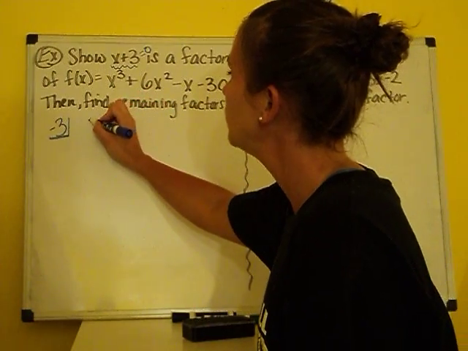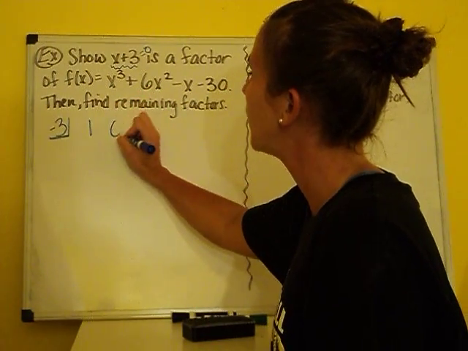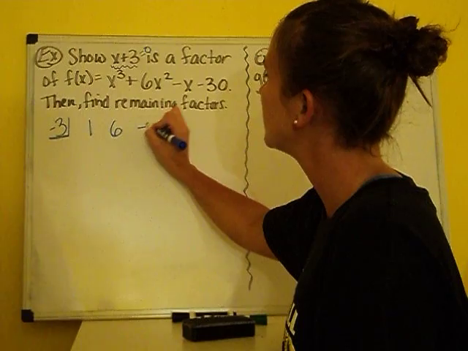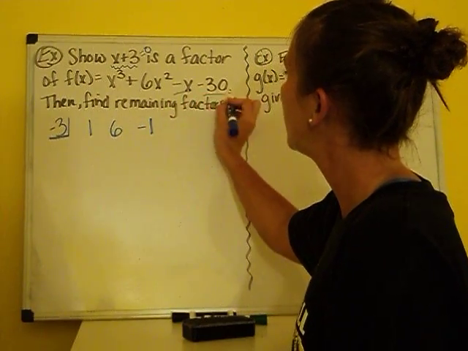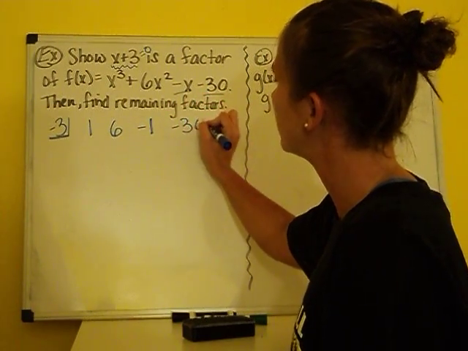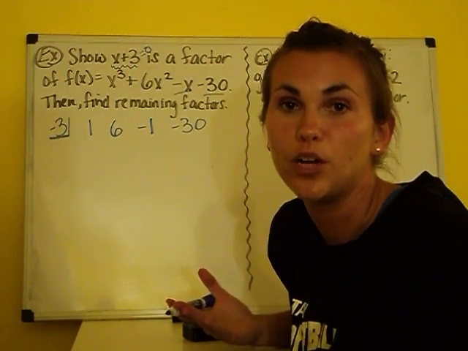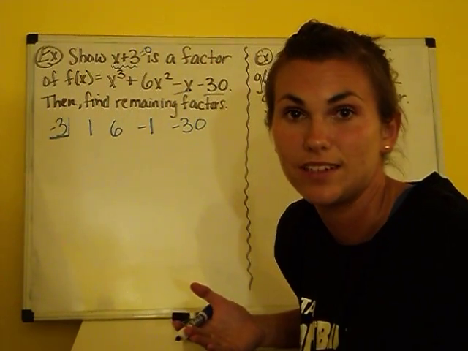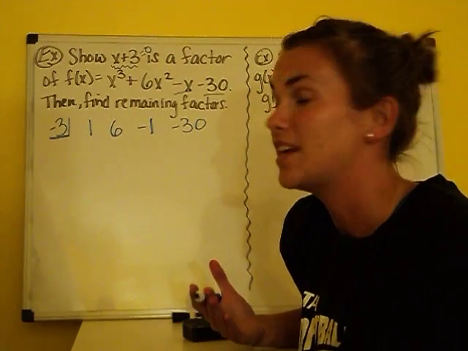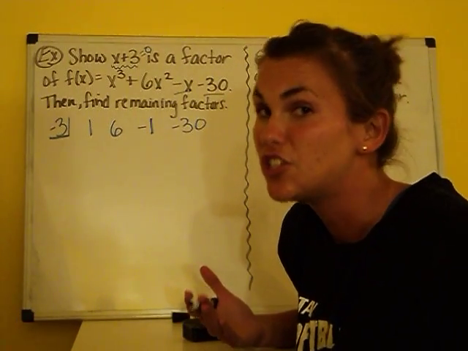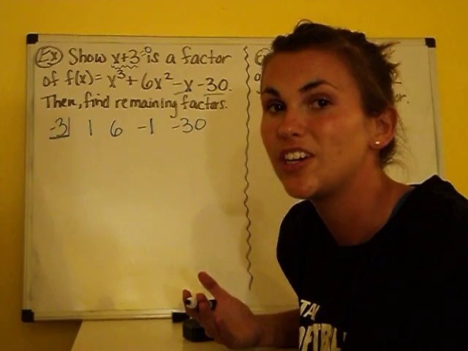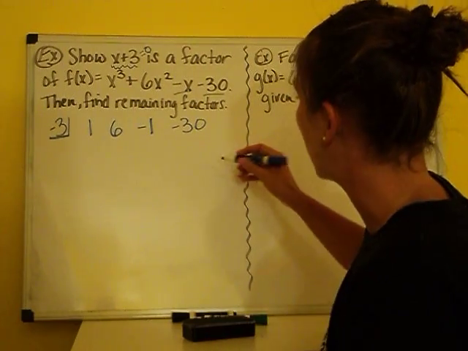We have our x cubed, our x squared, positive 6. Our x is a negative 1. And then we have our negative 30. If I want to show that x plus 3 is a factor of that polynomial, what am I expecting to get? That means that when I synthetically divide this, to show that it's a factor, the remainder needs to be 0.